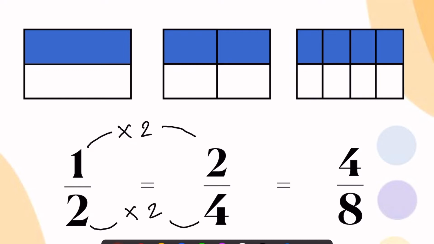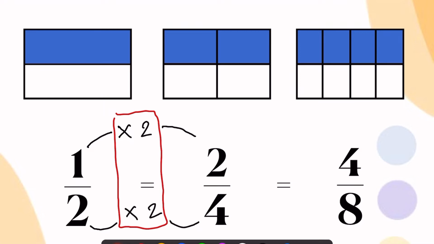Now can you see the rule? Whatever we do to the numerator, we need to do to the denominator. If I multiply 1 by 2, I need to multiply 2 by 2. It has to be the same number. This is the rule.